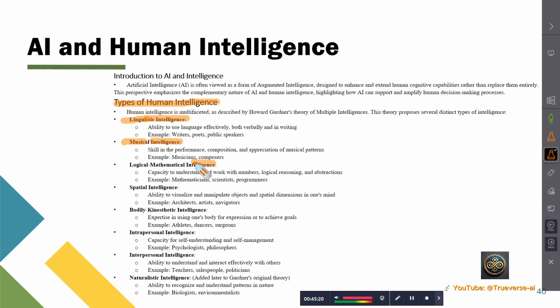Some are logical-mathematical. Some are spatial, based on location, like architects, artists, navigators, GIS specialists, designers. Bodily-kinesthetic intelligence means using one's body for expression or to achieve a goal, like a dancer. Intrapersonal and interpersonal intelligence, like psychologists and philosophers, are between persons. Naturalistic intelligence relates to the environment, like biologists.